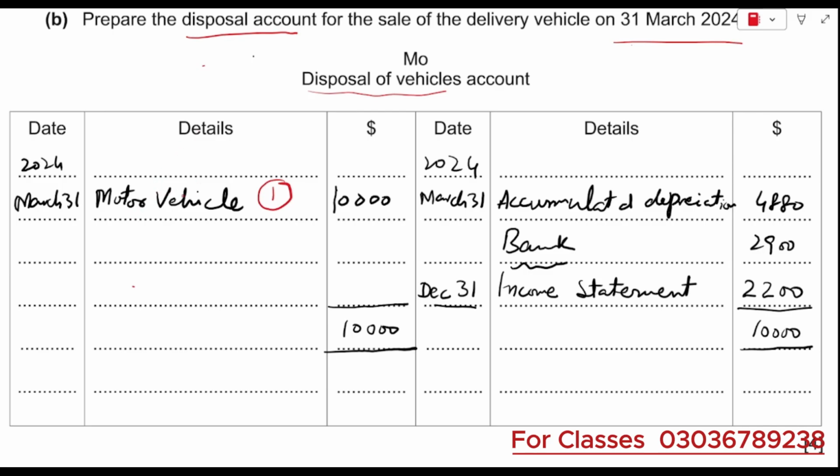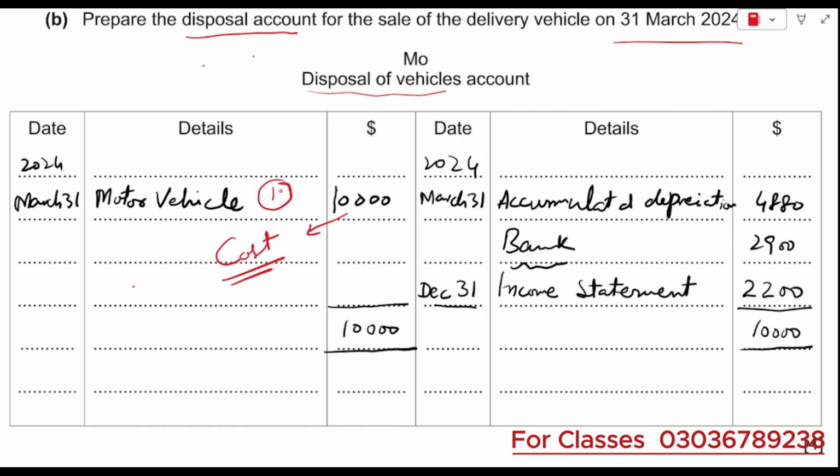The credit entry will be on the credit side of the motor vehicle account and on the debit side of the disposal account. Remember this rule: the amount of this entry will always be the cost of the asset. Neither its depreciation nor its selling price, only the asset at its cost.